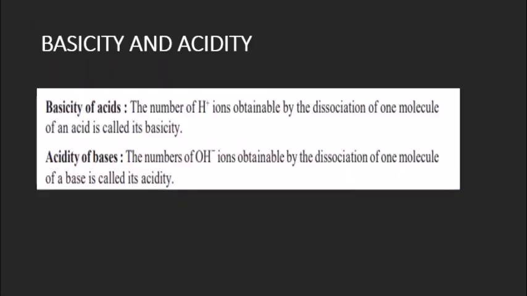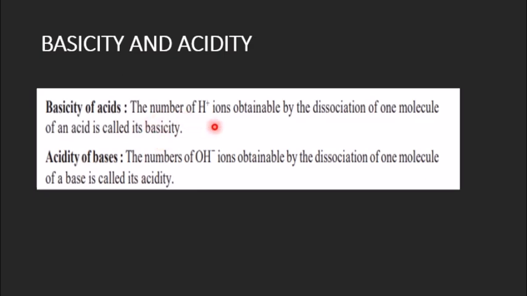Next, we have basicity and acidity. Now, basicity of an acid and acidity of bases. Basicity is, for example, when we dissolve an acid in water, that means we are dissociating the acid. The number of H+ ions obtained from one molecule of an acid is called its basicity.